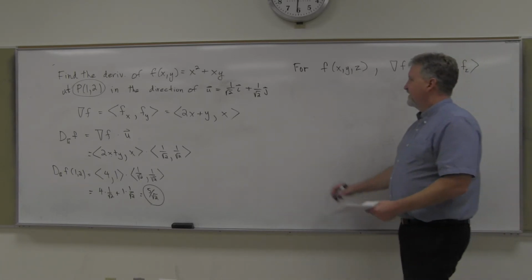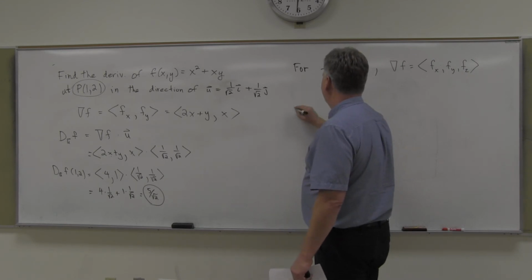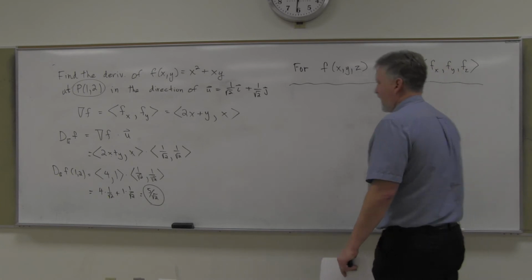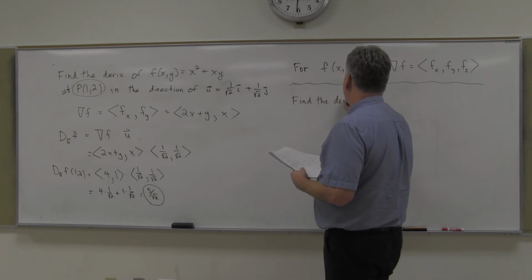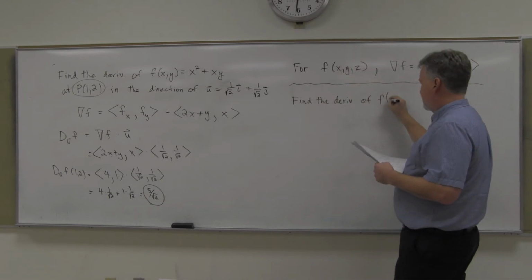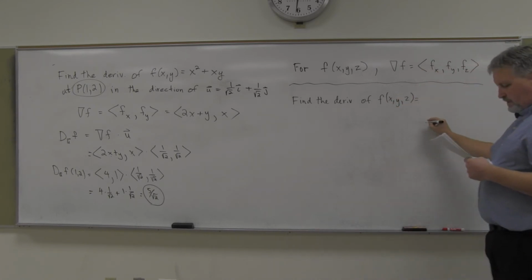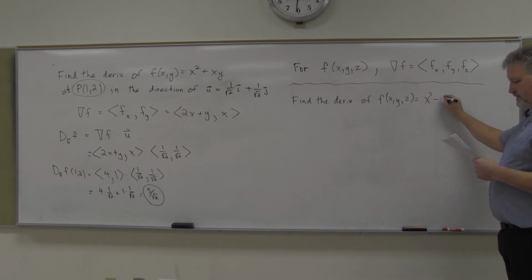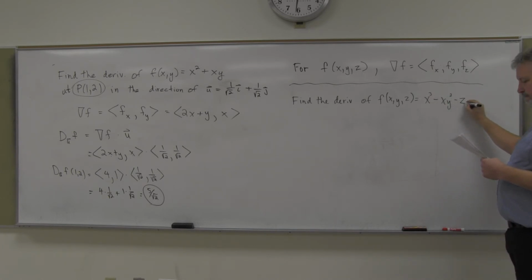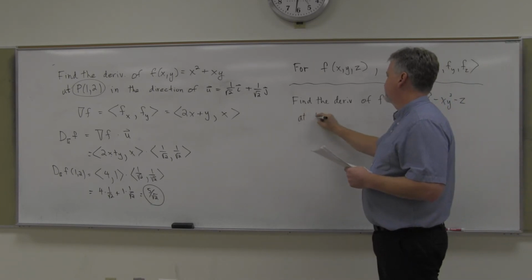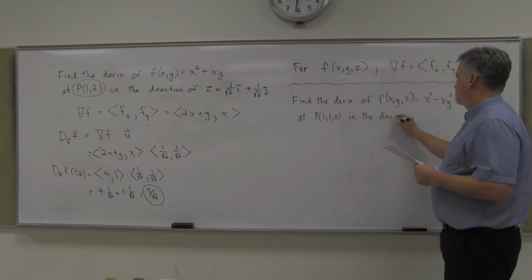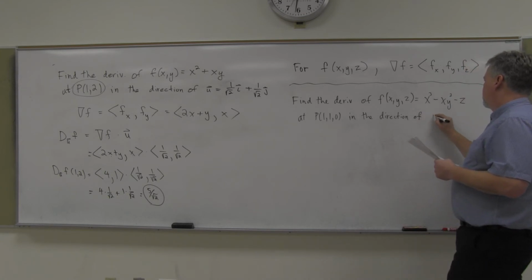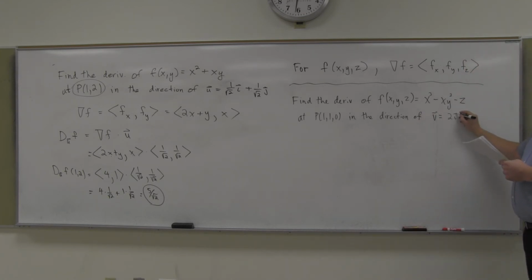All right, so let's do this one. Let's find the directional derivative of f(x, y, z) equals x cubed minus xy squared minus z at (1, 1, 0) in the direction of v equals 2i minus 3j plus 6k.